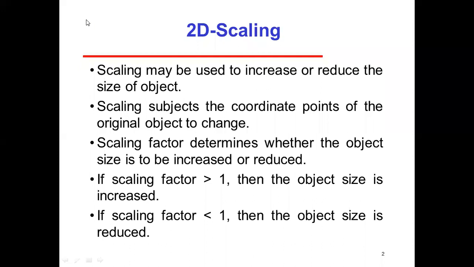You have an architectural building and you want to enhance its visibility. Due to the big size of the object, sometimes you are unable to draw or see the object. Then you use this type of scaling transformation.